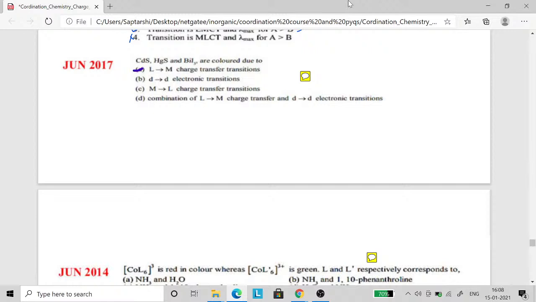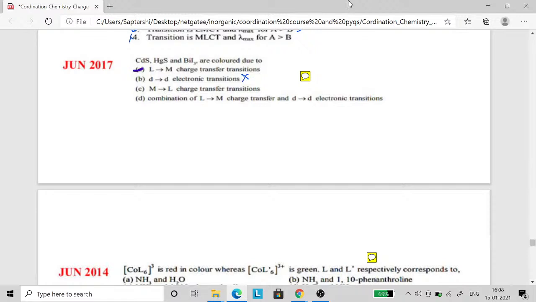And over here we have CdS, HgS, and bismuth I3. Okay, so a bismuth compound, and is the color due to... So see, d-d is actually not the reason. d-d does not actually give strong color, so we can cancel this out.